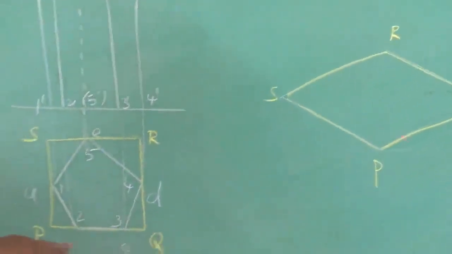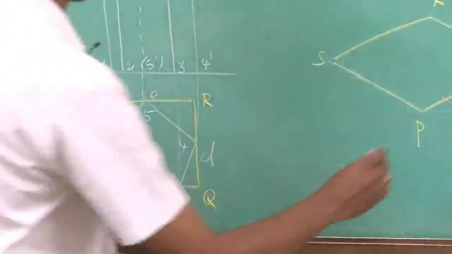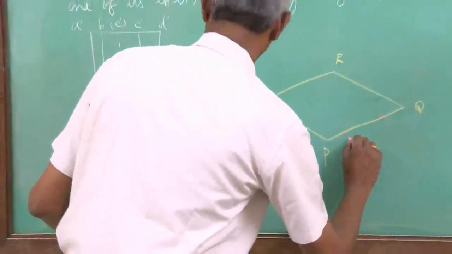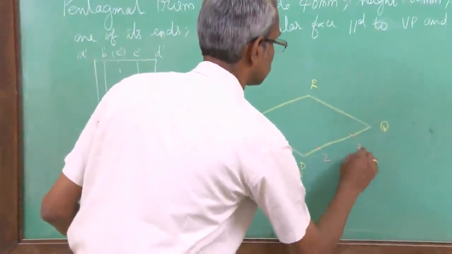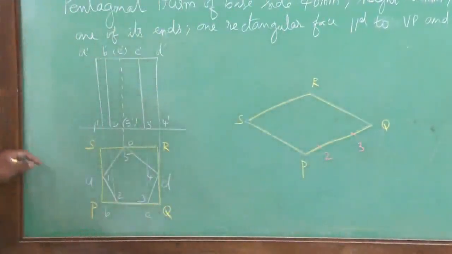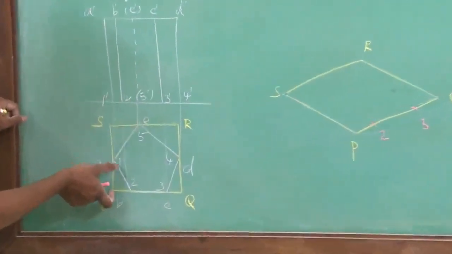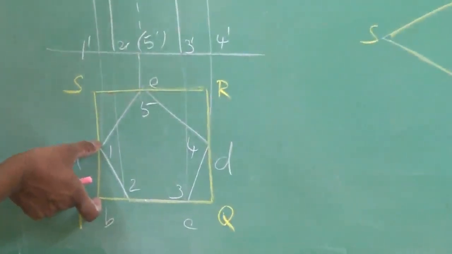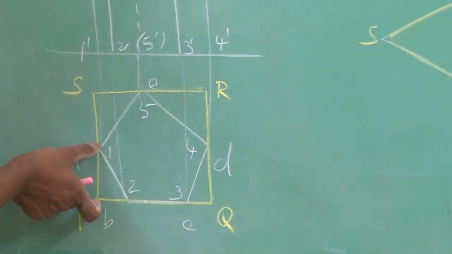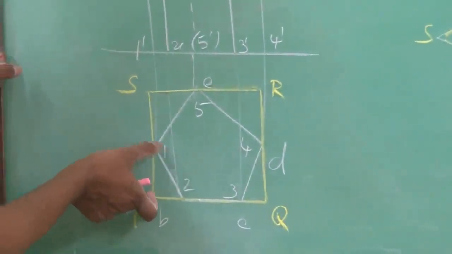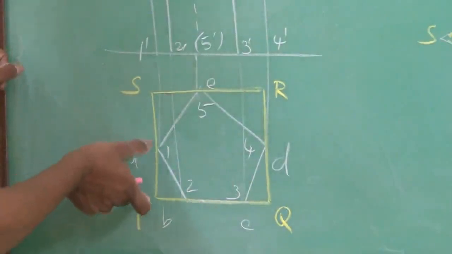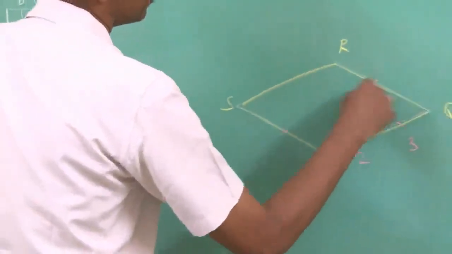Right, so this is your 2, 3, and measure this distance P1 here, and again, being a regular prism, this and this will be the same, so you can measure this with a divider and mark it here.